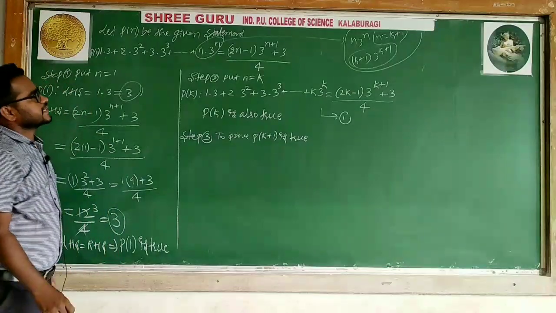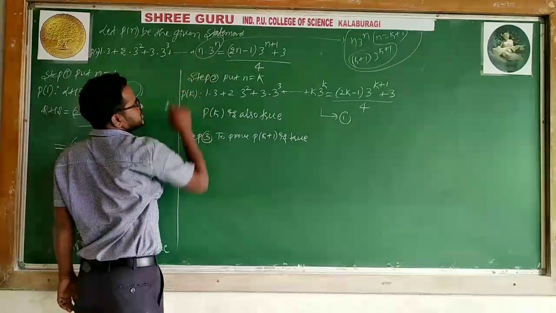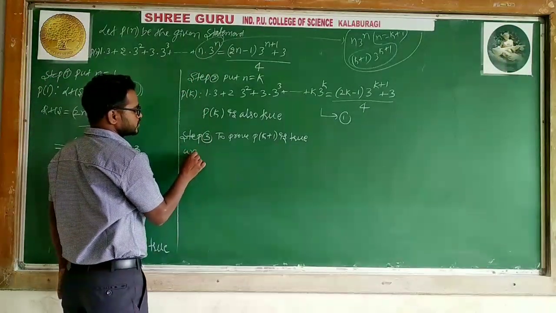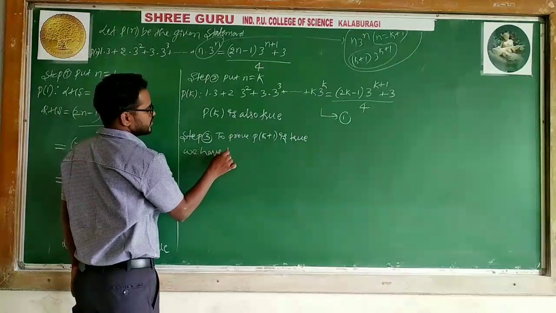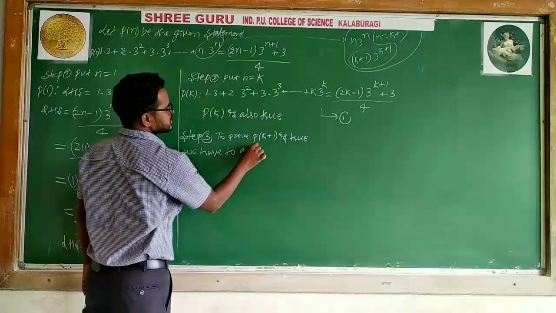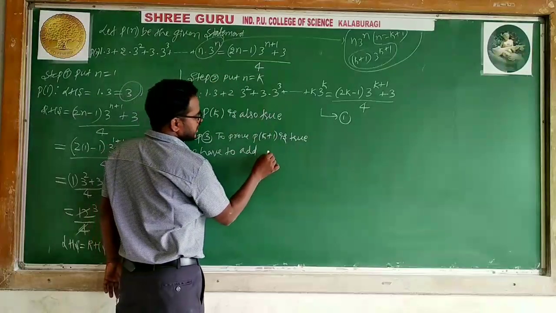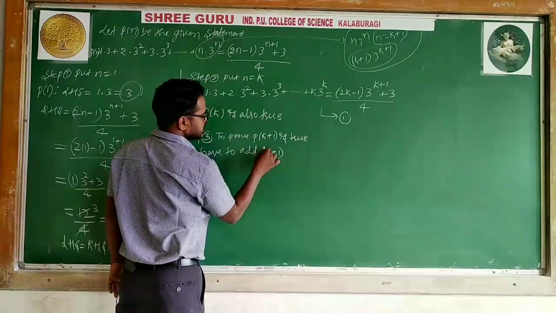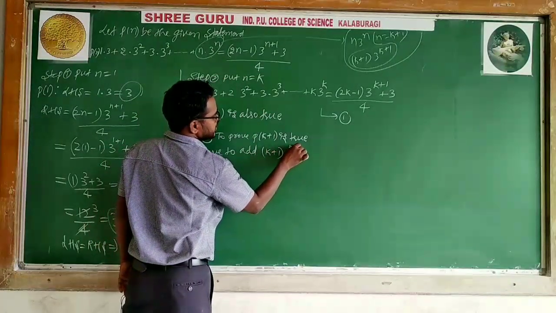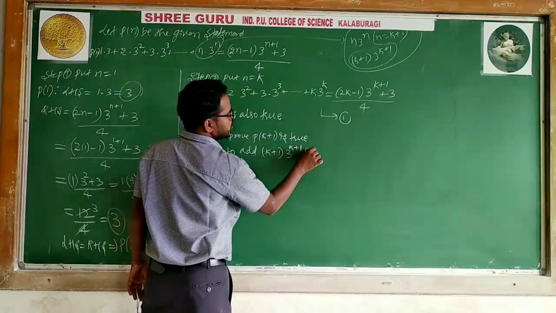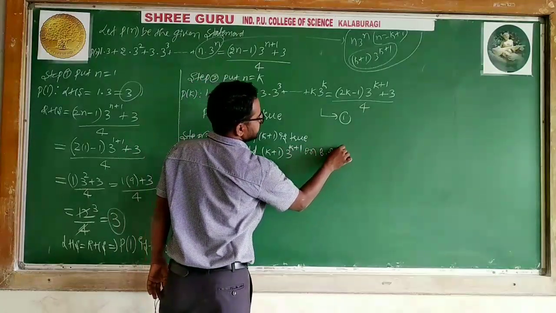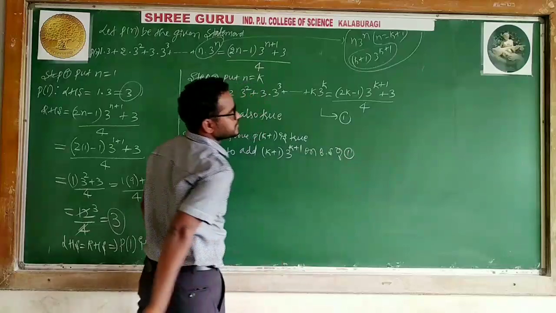N is replaced by k plus 1. What we have to add is k plus 1, 3 to the power k plus 1, on both sides of equation 1.